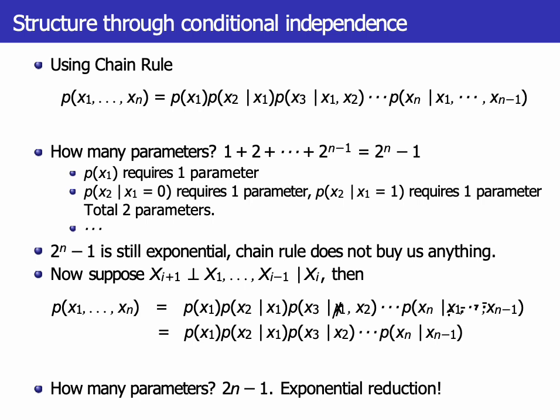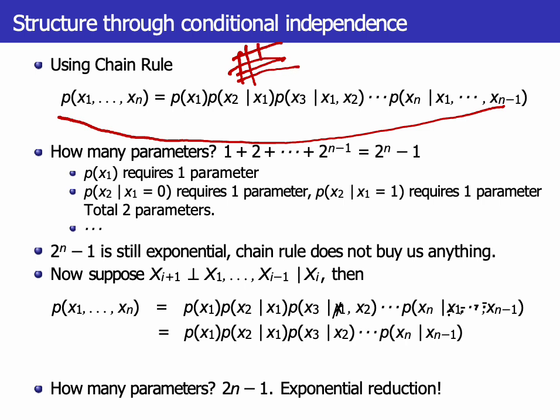Now, structure through conditional independence. As I told you, full independence is too strong. So you have the chain rule to represent your n by n images.